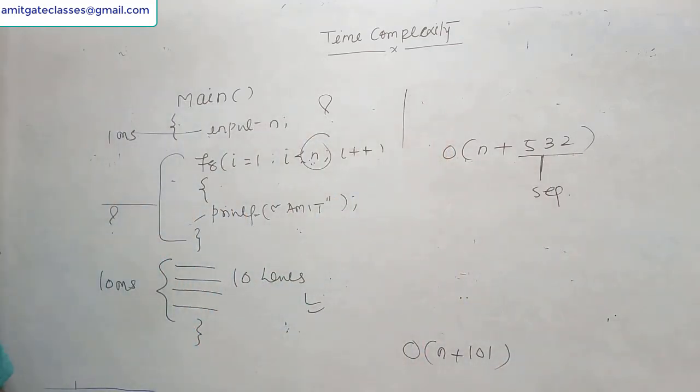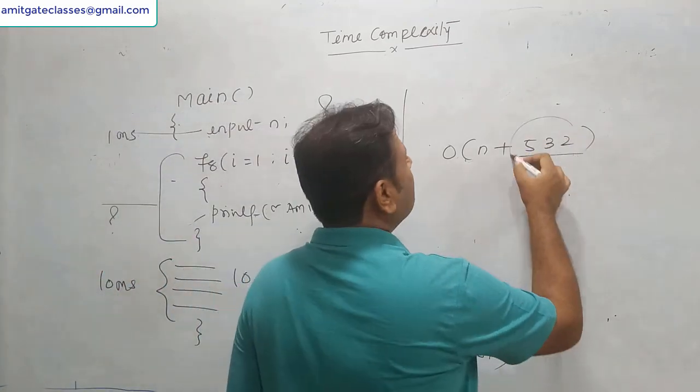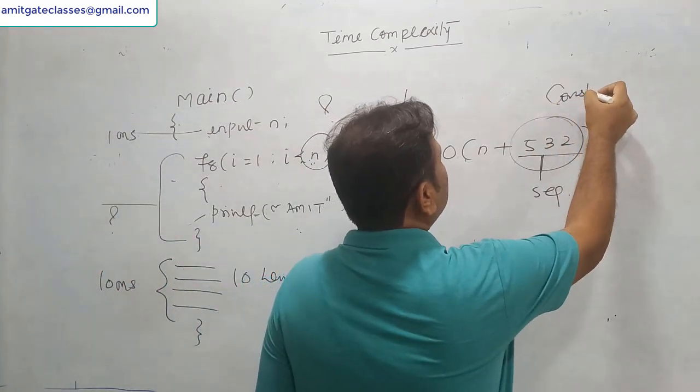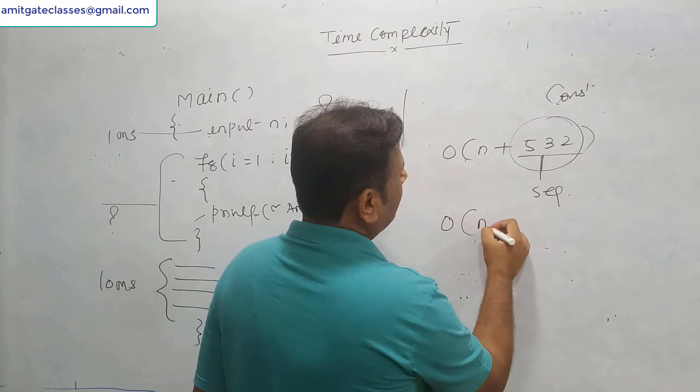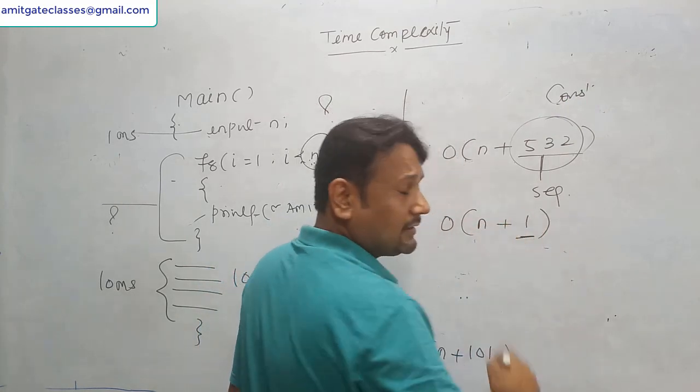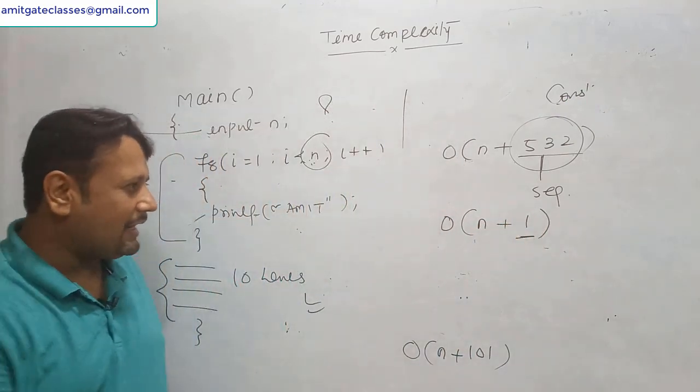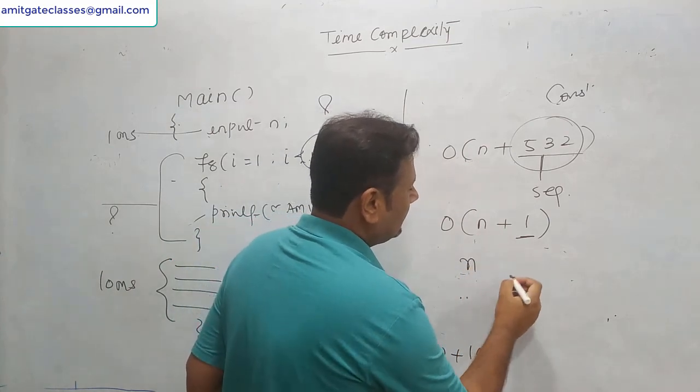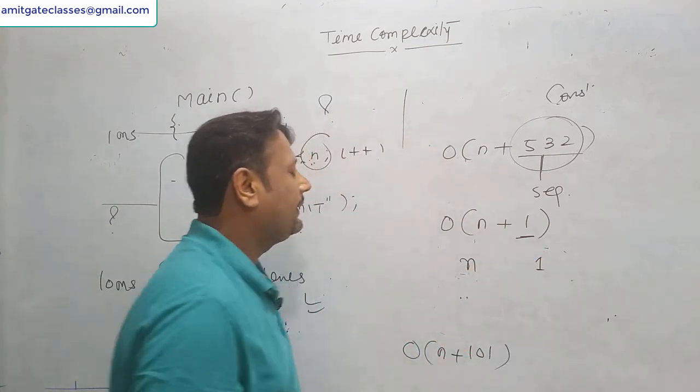Now I told you in the very first example, this is a constant value, and a constant value can be written as what? n plus 1. This 1 is constant.